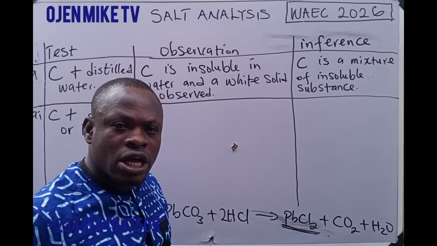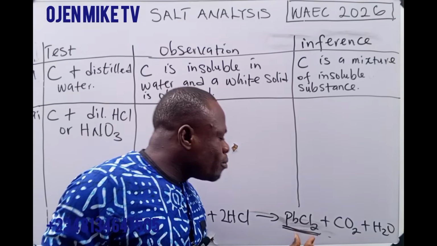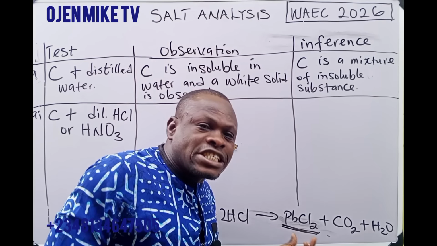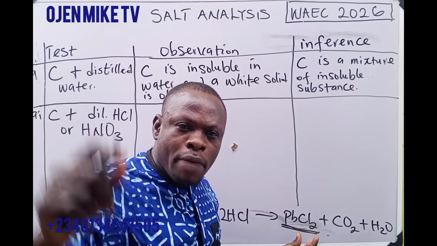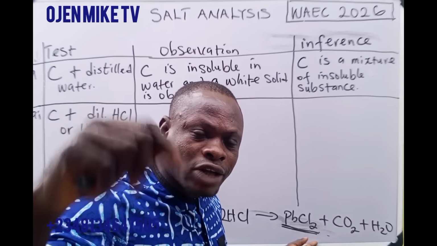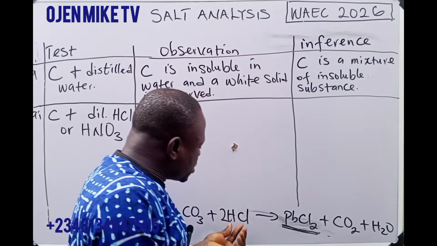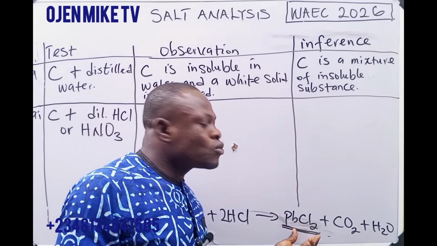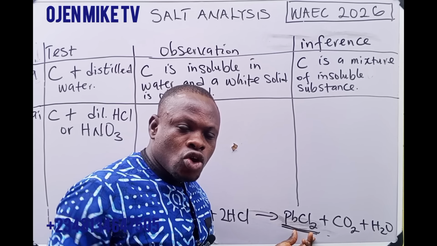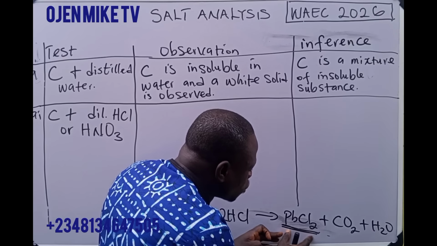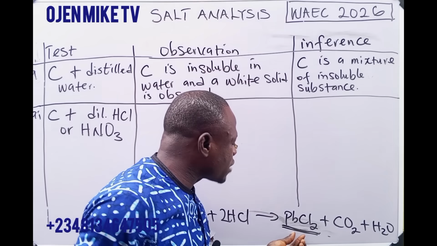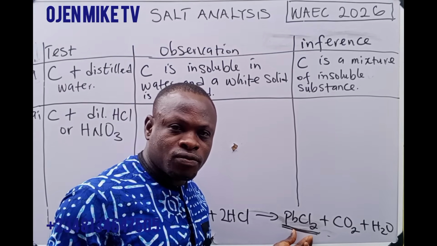Now, this substance is insoluble. Therefore, you might be asked to heat it. So when you are doing it in the laboratory, after treating with HCl, you have to heat it. When you heat this substance, as soon as you heat it, it will dissolve.